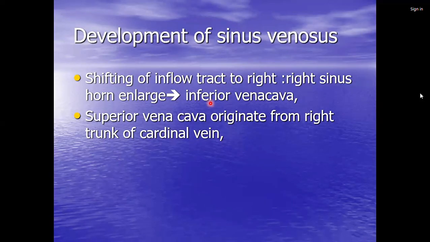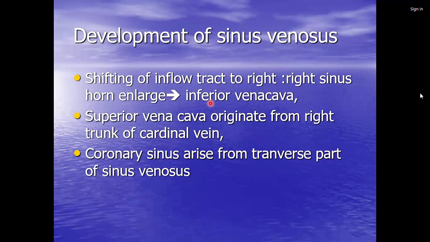And these cardinal veins, because of the shifting also of the looping of the heart tube, we now have the right trunk developing more and develops to form the superior vena cava. So most of the blood is going to now come through the superior vena cava. We are going to see the pulmonary artery and vein coming later on.